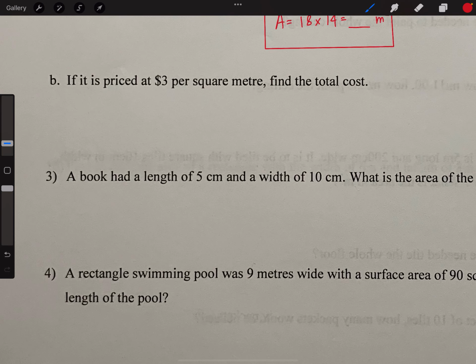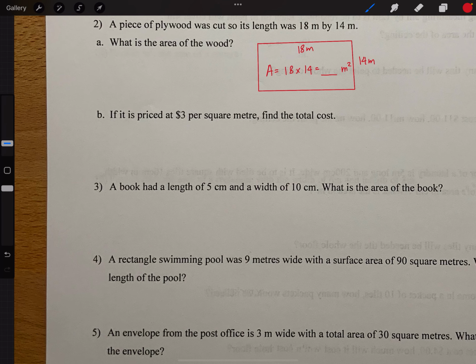The next one says, if it is priced at $3 per square meter, find the total cost. So whatever answer you got for part A, how are we going to find the total cost? Now the question says that 1 square meter is going to cost you $3, and you have a certain amount of square meters.